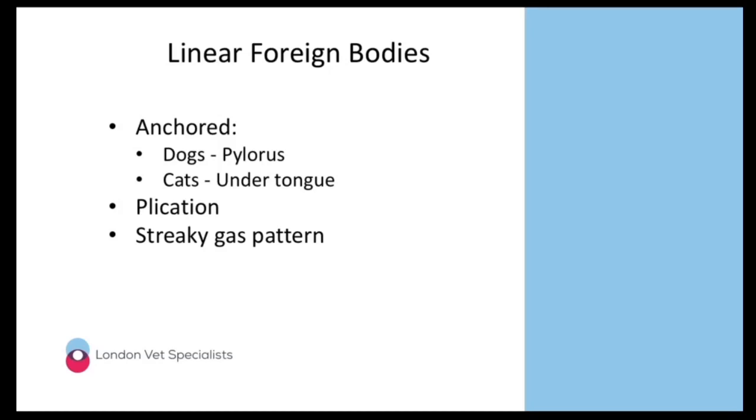Now, whether it's a cat or a dog, whether it's anchored at the pylorus or underneath the tongue, you tend to get plication of the small bowel as a result of it. And plication of the bowel is really pathognomonic for the presence of a linear foreign body. And as a result of the plication, you tend to get a very distinctive streaky gas pattern. And that's what we need to be watching out for in a patient that we think might have a linear foreign body.